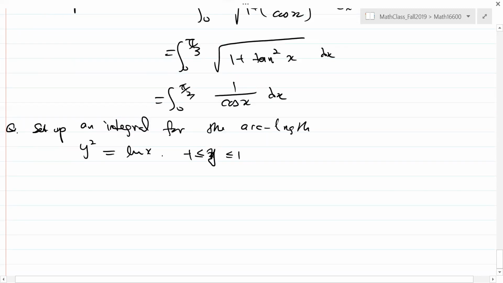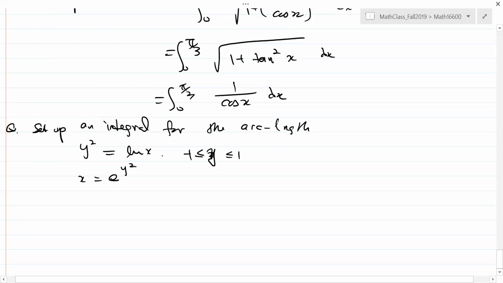Okay, how can I understand this function? This is actually x is e to the y squared, right? X is e to the y squared. Or you can also write y, no, you cannot solve for y because you don't know y is positive, so y is plus minus 1.